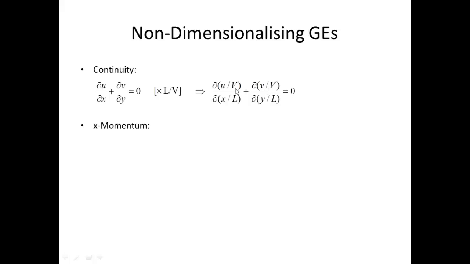So u by V is nothing but non-dimensional velocity u star, and x by L is x star. Similarly, v by capital V is v star and y by L is y star. So the final form of the governing equation in the non-dimensional form becomes dou u star by dou x star plus dou v star by dou y star equal to 0. This is for the continuity equation.